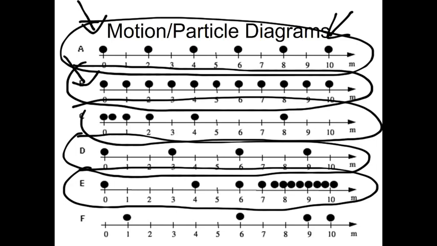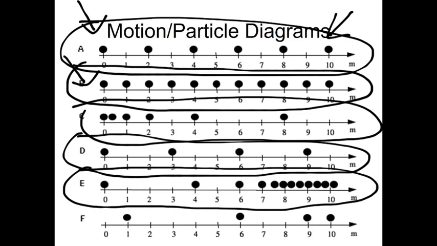So we could say that this object is moving forward because its position is increasing, but because the amount of displacement decreases between each time interval, it has a positive velocity but a negative acceleration. This object is moving forward but slowing down.